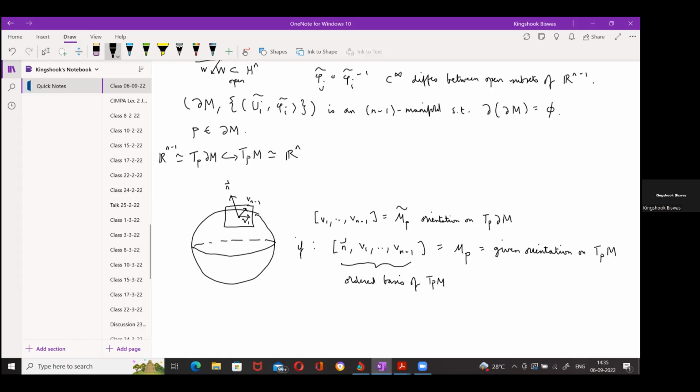So if n is another outward pointing vector, so n here is in TPM minus TP boundary M. This is an outward pointing vector. So suppose I take another outward pointing vector m.